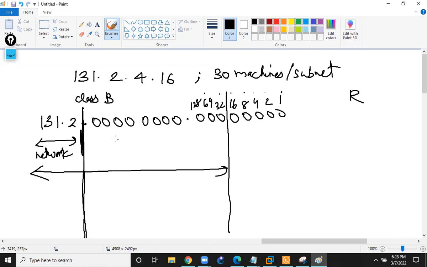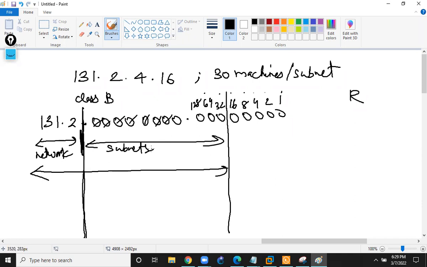How many bits have been extended? 1, 2, 3, 4, 5, 6, 7, 8, 9, 10, 11. 11 bits have been extended, and these 11 bits are called subnet bits.